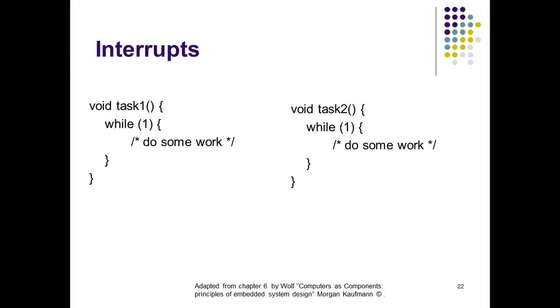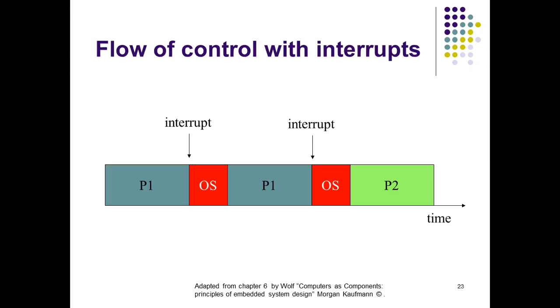Well, you would define your task basically in exactly the same way as in preemptive. And if you had interrupts, it could potentially look exactly the same in terms of flow of control. So, can anyone tell me what is the difference between preemptive multitasking and interrupt-based?